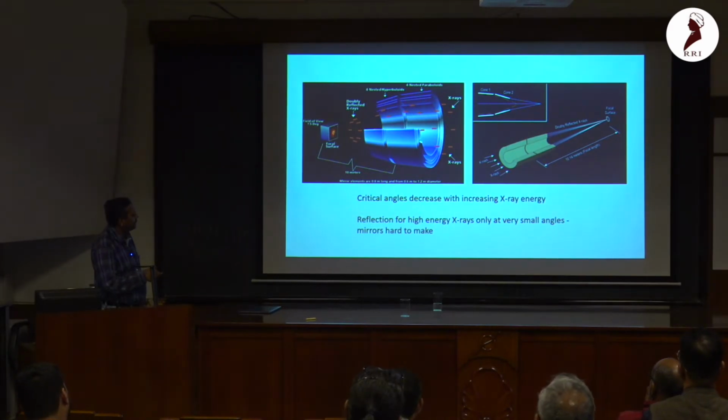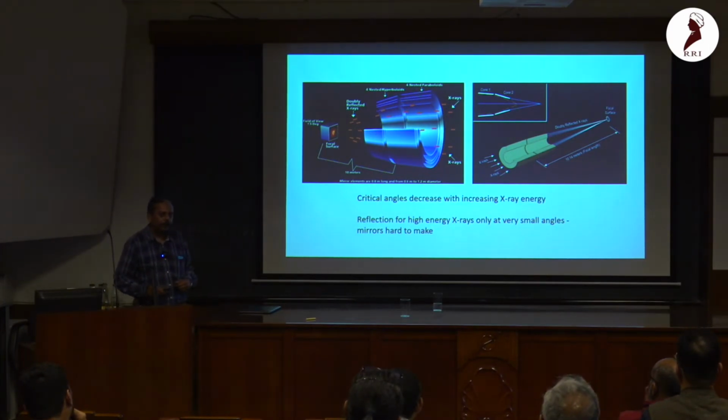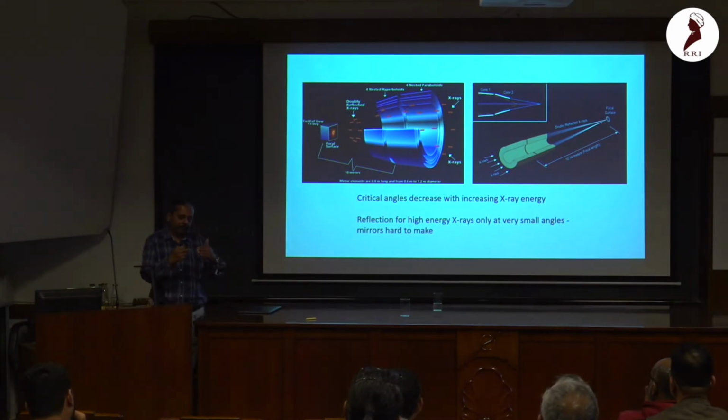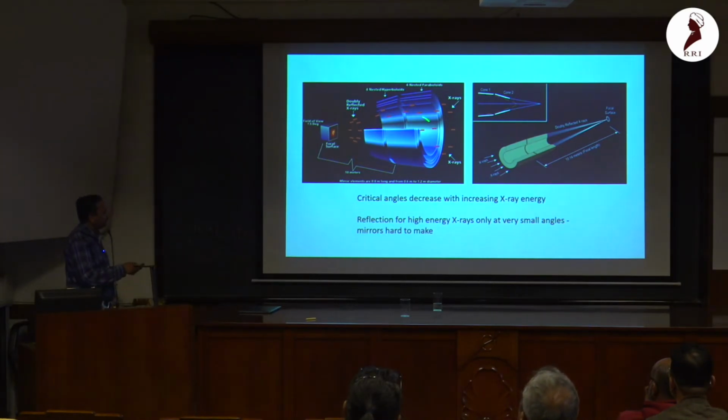The inner surface of this mirror is coated with a very smooth material like gold, iridium, or platinum, and the X-rays fall at a very small angle, and then this mirror will have a focal length. For example, here the focal length is 10 meter. So at 10 meter distance, if you put a detector, it will get detected. This is one of the images for the Chandra Observatory, which was launched by NASA.